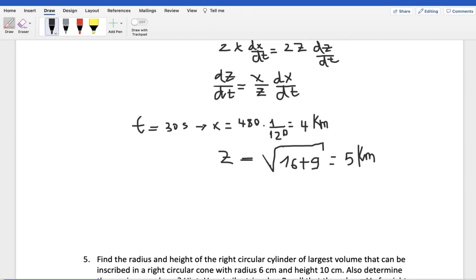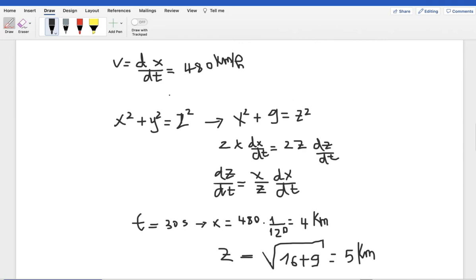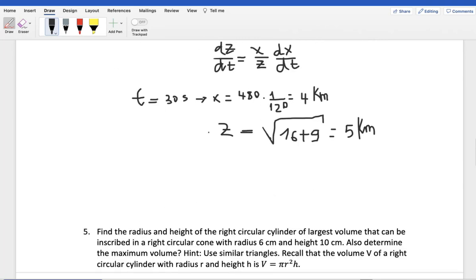Now we already have dx dt, right? So that's 480. So we can find dz dt now. So therefore dz dt is equal to x over z, which is 4 over 5, multiplied by dx dt, which is 480.